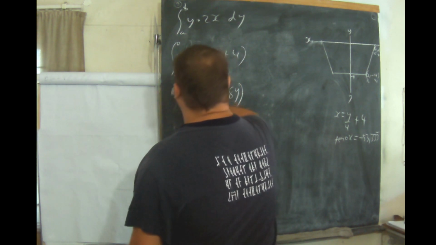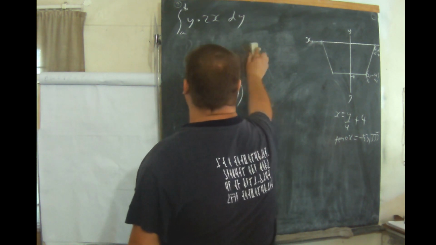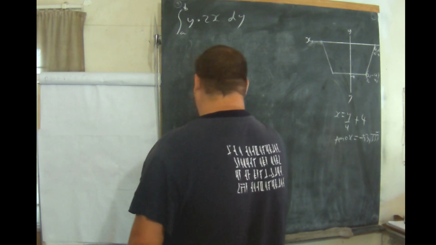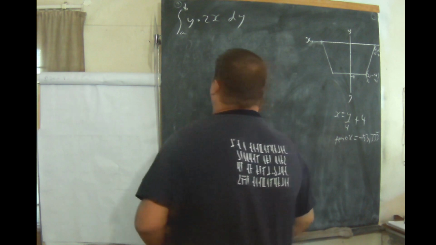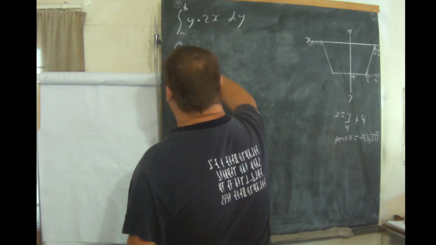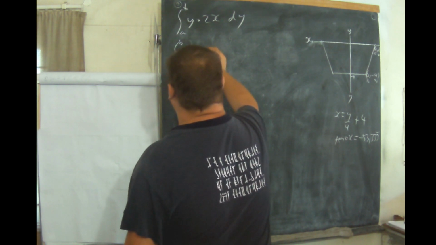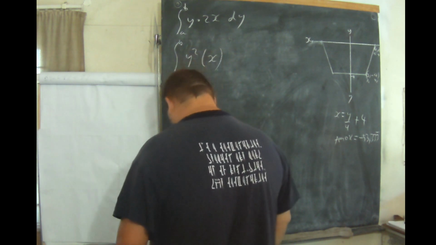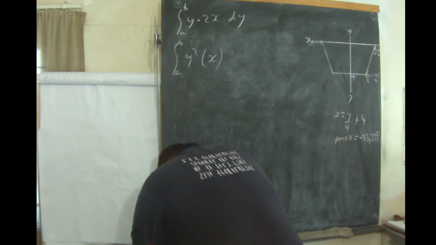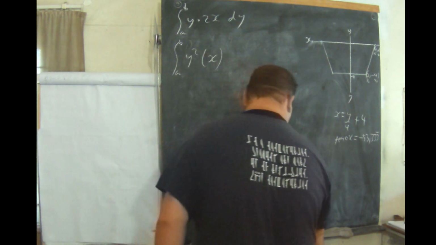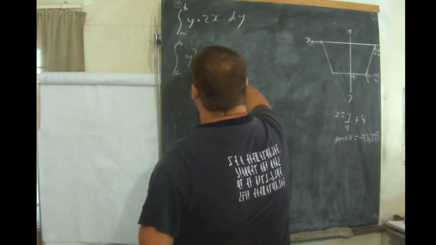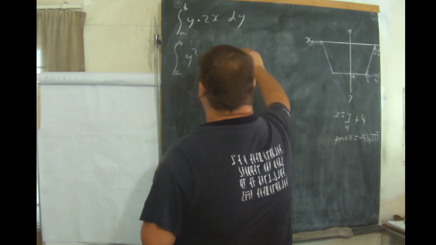Now a number to the power of 4. So our formula will be the integral of y squared 2x, sorry, y squared 2x dy.